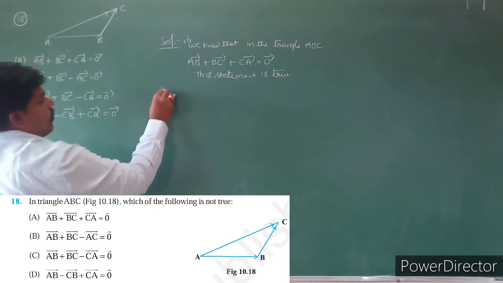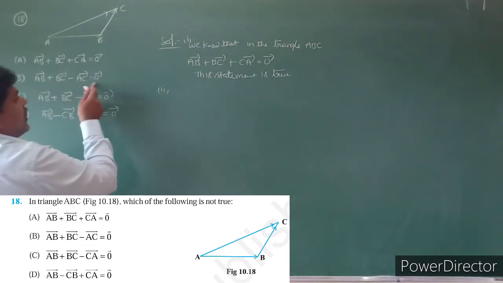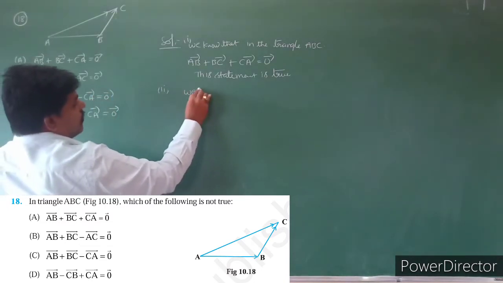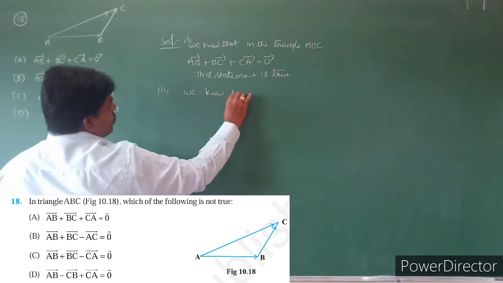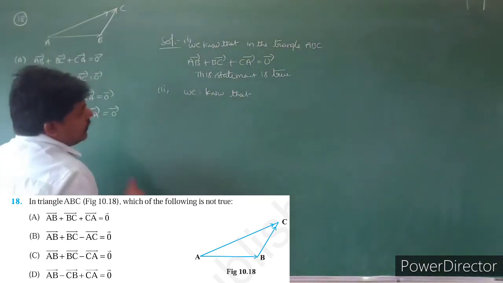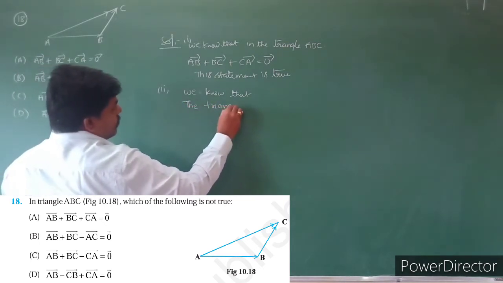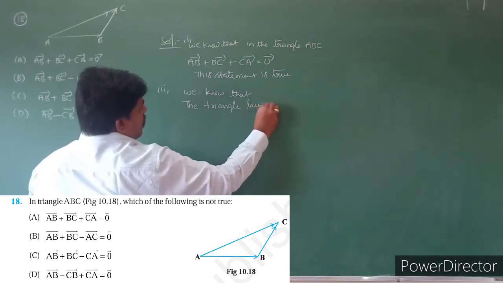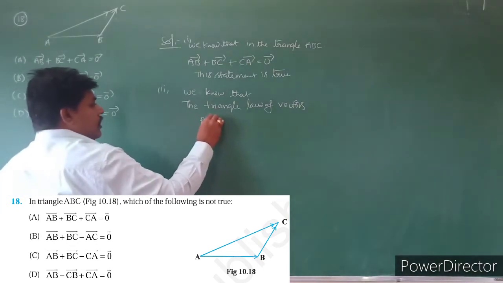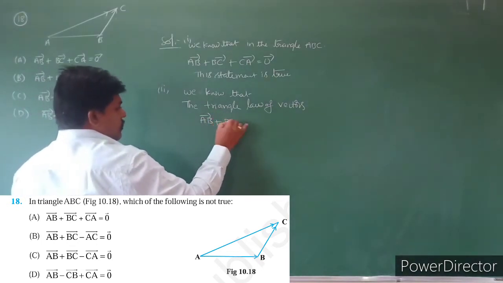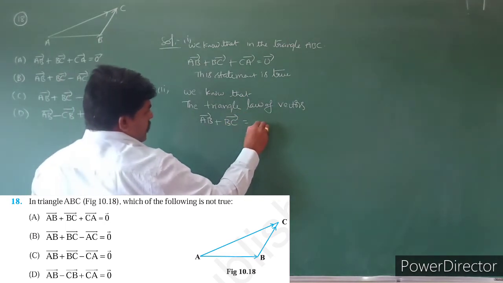So check the second condition. See condition number 2: AB plus BC minus AC is equal to 0. We know the triangle of vectors: AB bar plus BC bar will become AC bar.